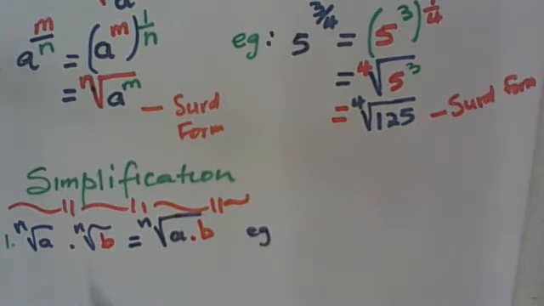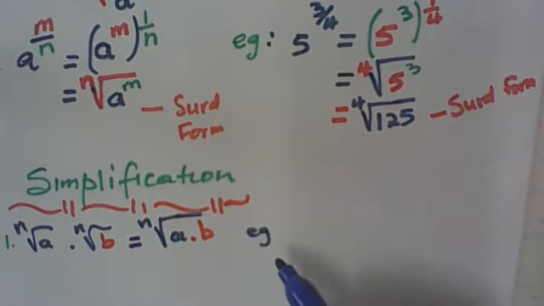If you have the nth root of A multiplied by the nth root of B, the answer will be the nth root of their product. So that is what is meant by this.